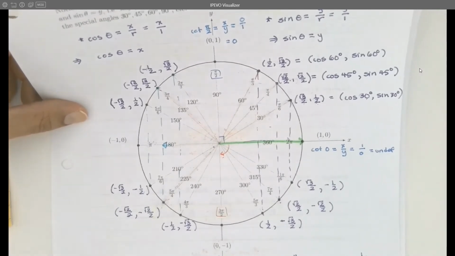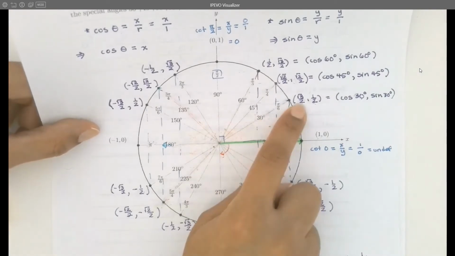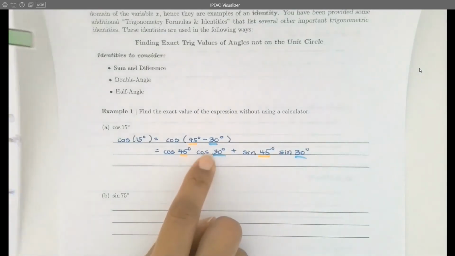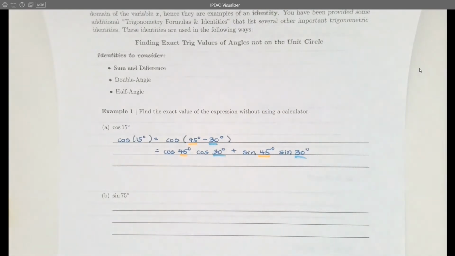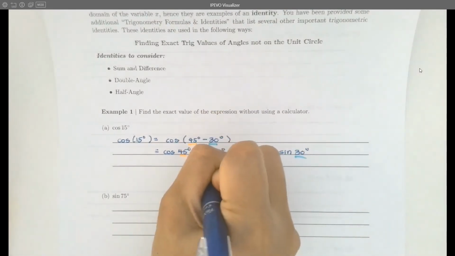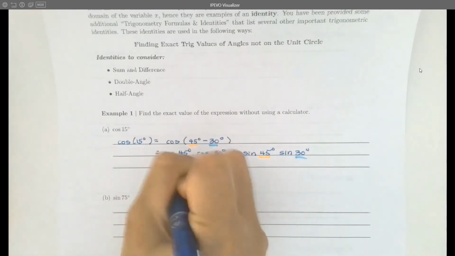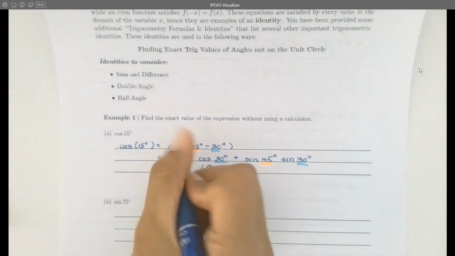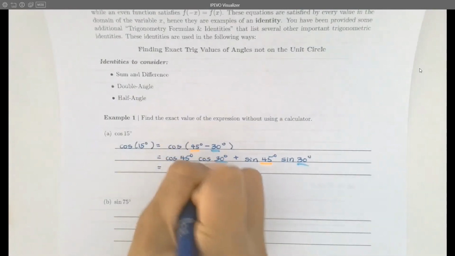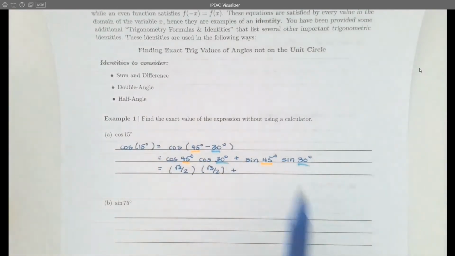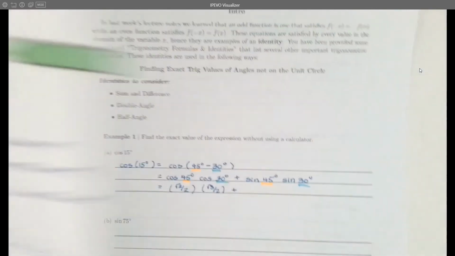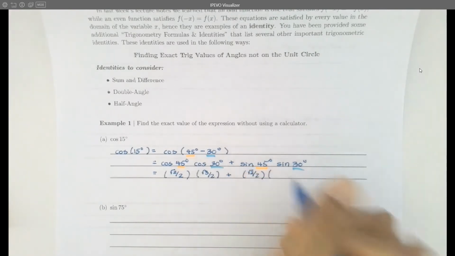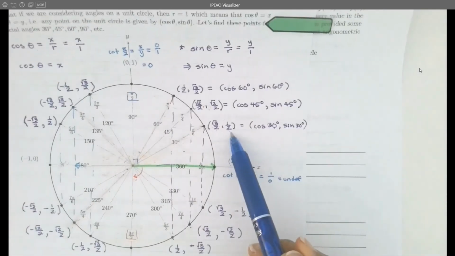If I take a look at 30 degrees, cosine of 30 is radical 3 over 2. If I take a look at cosine 45, that's going to be radical 2 over 2. And then we have plus sine of 45, which is also radical 2 over 2. And sine of 30 is going to be 1/2.